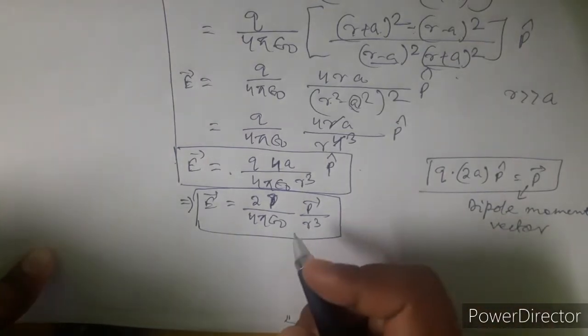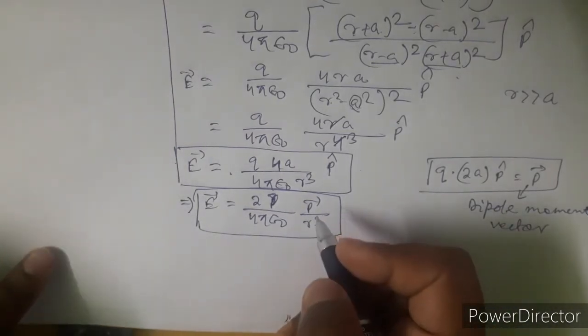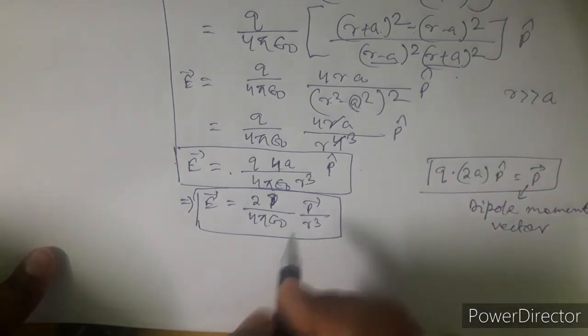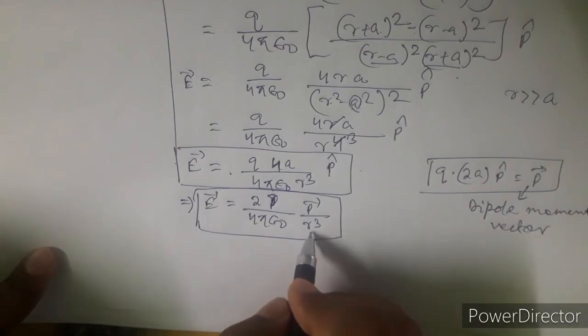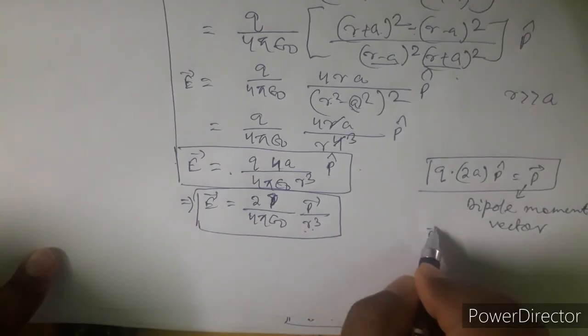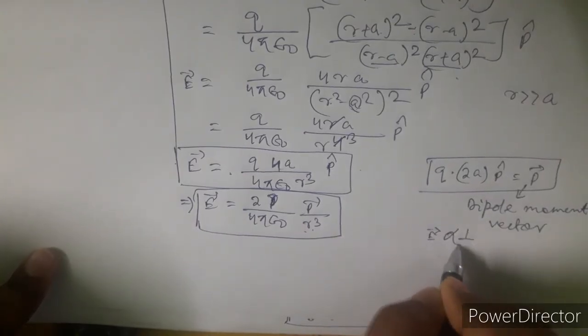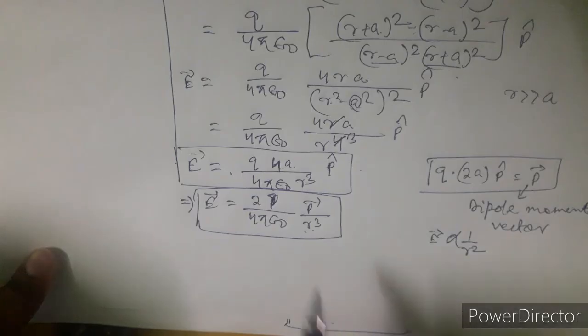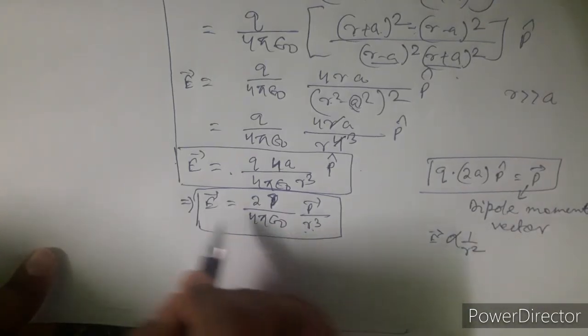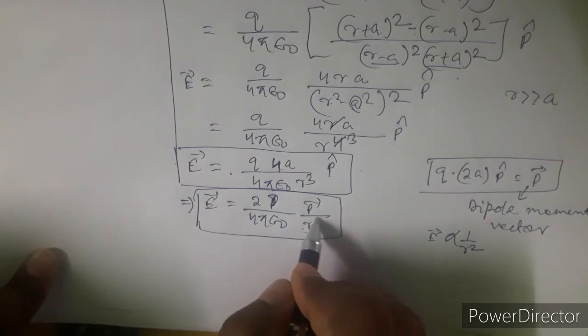So this is the result of your electric field at a point on the axis of a dipole. This is the total net electric field at a point at a distance r. But you should note that electric field due to a single charge generally varies as 1 upon r square, but due to a dipole at a distance r, the electric field decreases as 1 upon r cube.